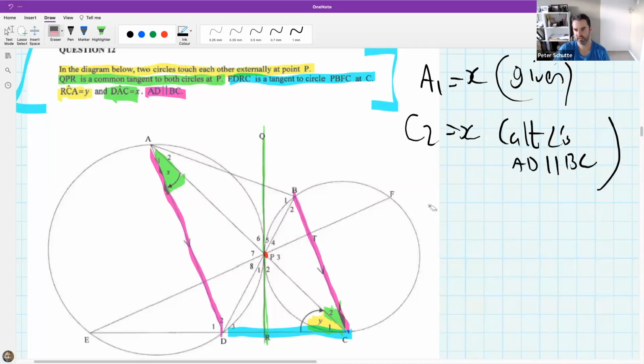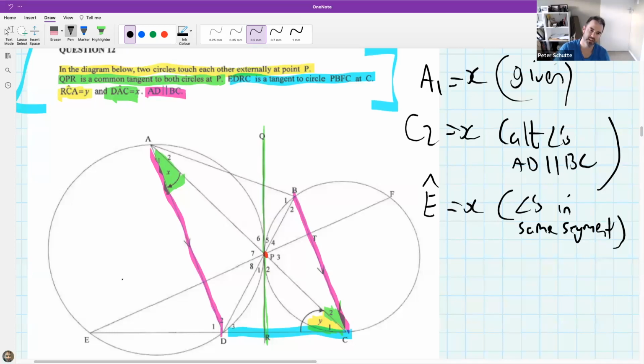So let's see if I can write this down properly. I can say angle E is X, and the reason is angles in the same segment. So this one over here, I'm going to color that in green too. I'll make it an X. And I also know that that was an X.